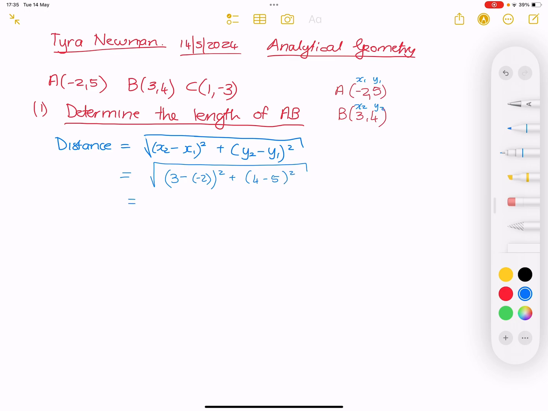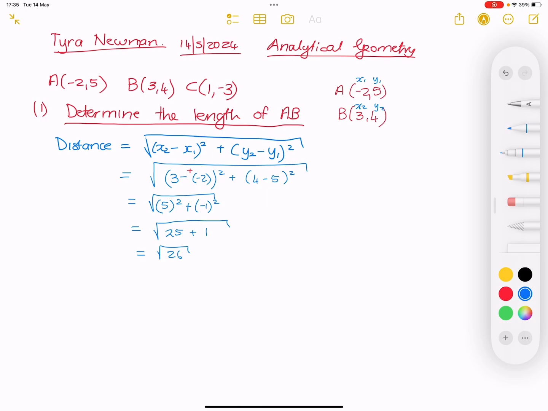So that actually gives me a plus, right? Yes, ma'am, because a minus and a minus is a plus. So I have 5 squared plus (4 minus 5) which is minus 1 squared. Then if I work it out, it gives you 25 plus 1, so it's the square root of 26.